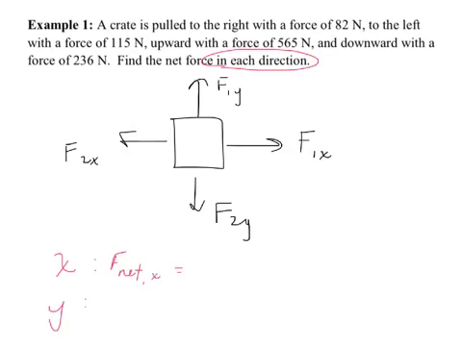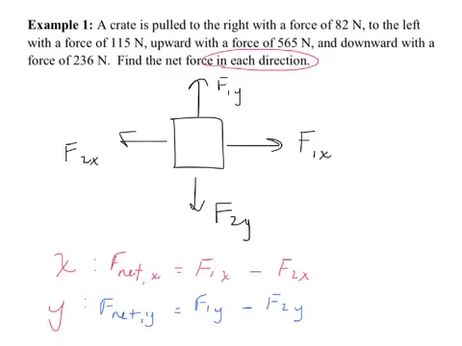And that's going to be equal to F1x, because that's to the right, minus F2x, because that is acting to the left. And in the y direction, we're going to have F net in the y. In this case, acting up happens to be F1y, and acting down happens to be F2y. So the subscripts are similar to the x direction. But the idea is that the problem will change, so you have to write this every single time. We can't just remember these rules at all.